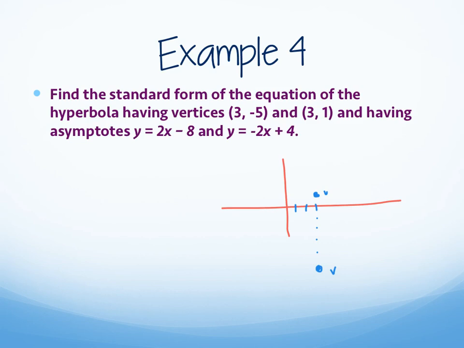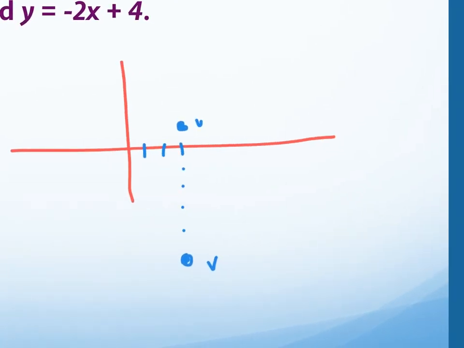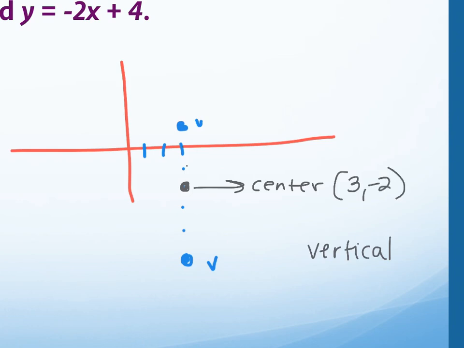Already, you know what about this graph? It's vertical. What else can you find? The center is halfway between those points, right? So again, you can either count the vertical distance, which is 6, and then count down or up 3 to find the center, or you can use your midpoint formula: add the 2 x's divided by 2, add the 2 y's divided by 2. Either way, you should get center is 3, -2.